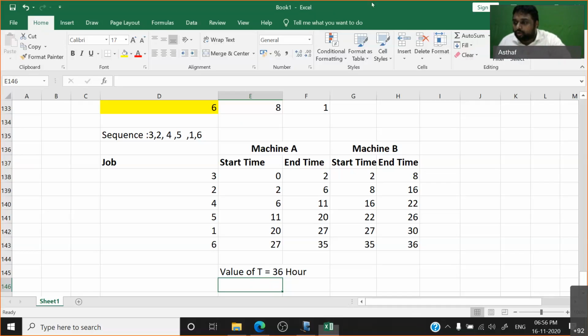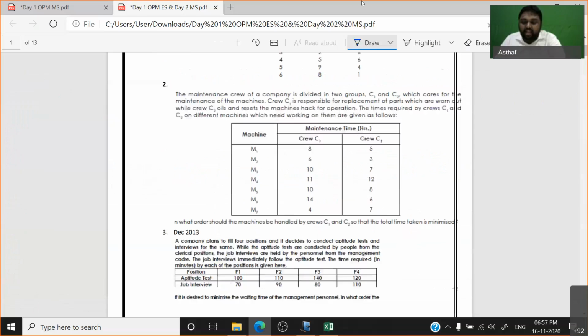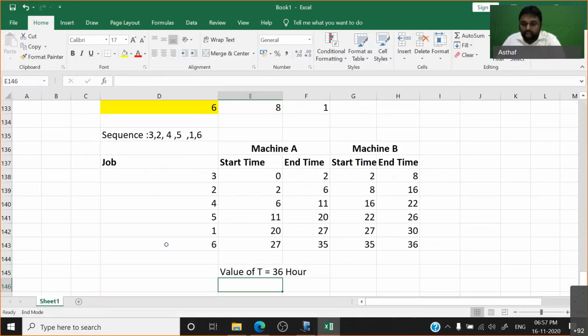So hope you are finished. Some of the friends will have small doubt. So when I discuss the next question, you will understand very well. So for the benefit, I will discuss the next question very slowly. So you will get very clarity. So we will go with next question.